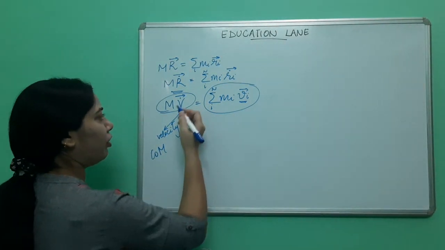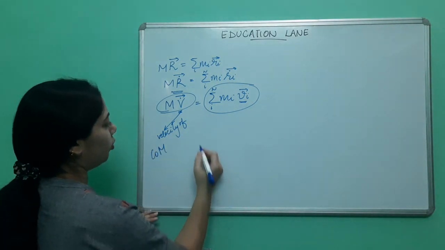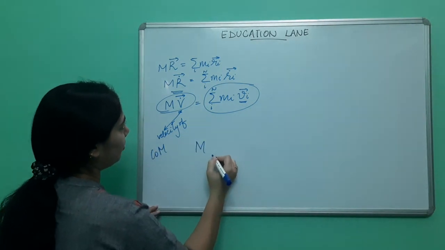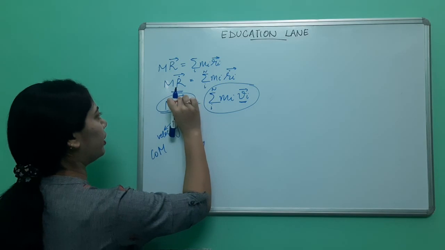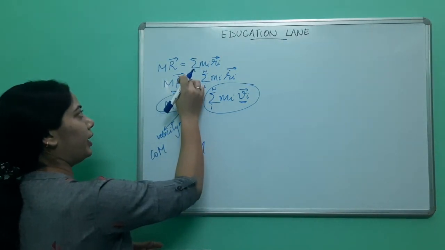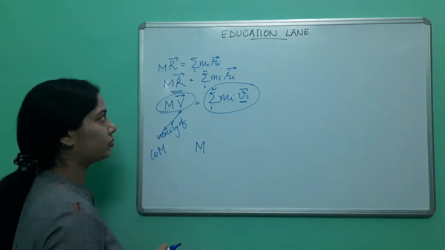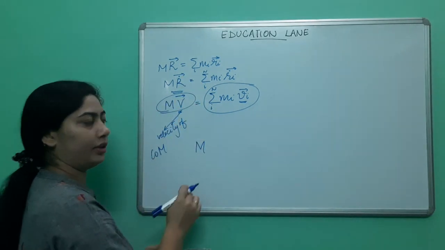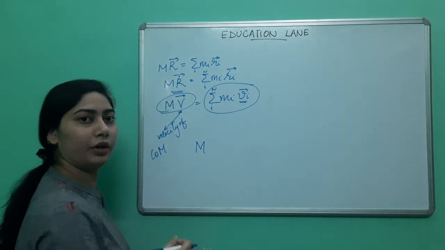Got it? Now differentiating it again, what will I get? This is not a derivative, this is simply V. From here, M r dot, I get V. I'm so sorry, this is not V dot.